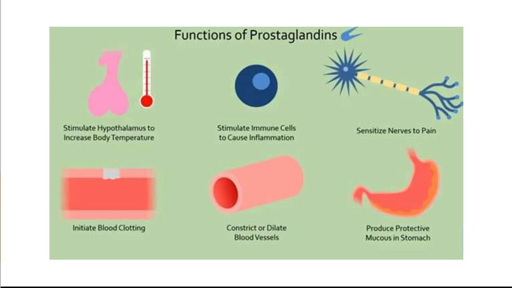PGD2 is the major prostaglandin made by mast cells. It causes vasodilation and increases the permeability of postcapillary venules, thus potentiating exudation and resultant edema. PGD2 also is a chemoattractant for neutrophils.